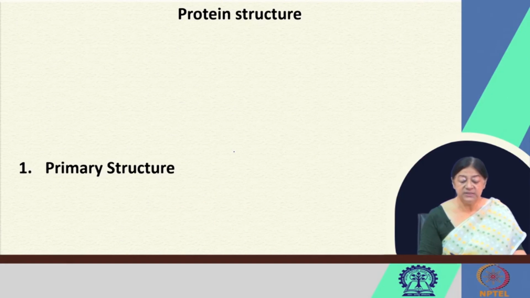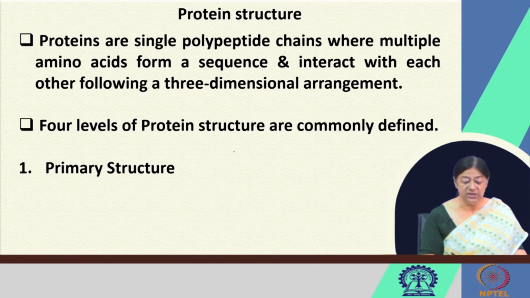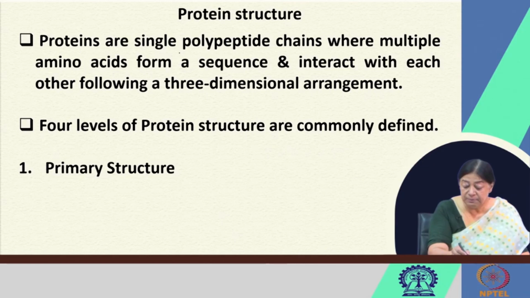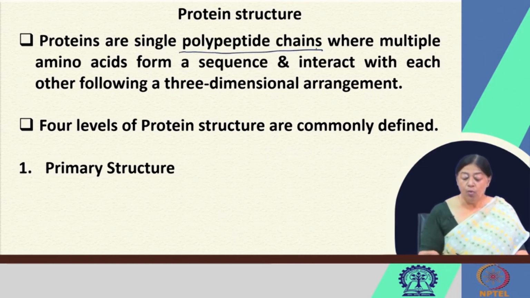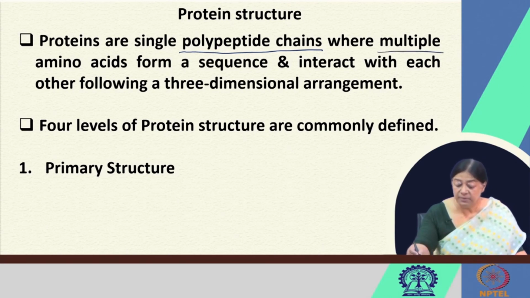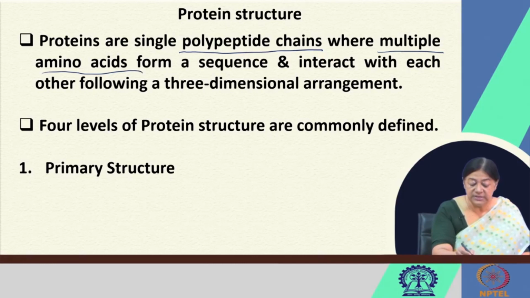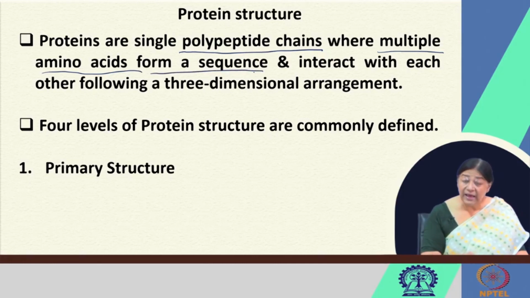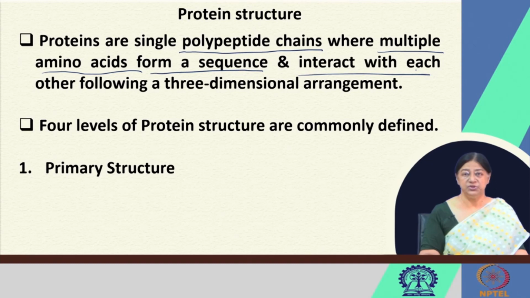Now, when we consider the protein structure, there are different levels. The primary structure is one such level. What do we have for these proteins? As we saw in the class for the peptide bond, we had the formation of a polypeptide chain. This polypeptide chain has a combination of multiple amino acids that form a sequence, and their interaction with each other finally forms a three-dimensional structure.